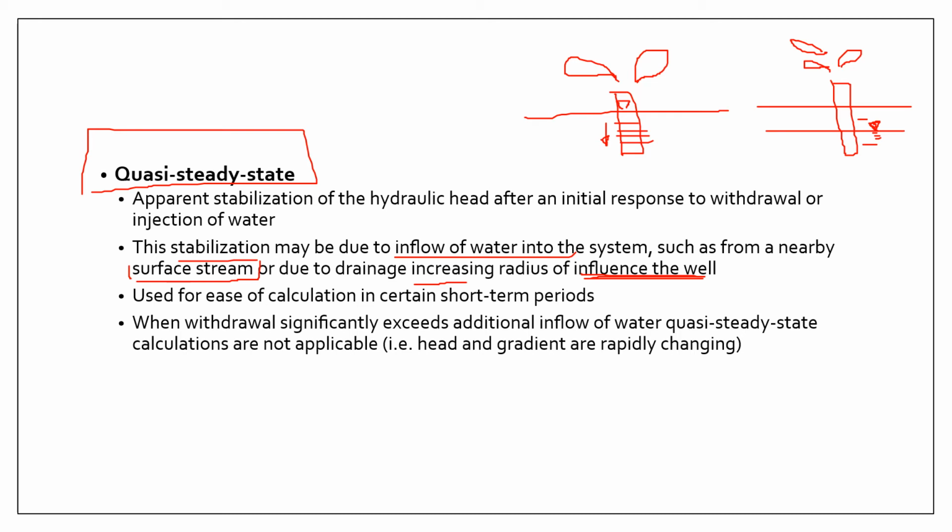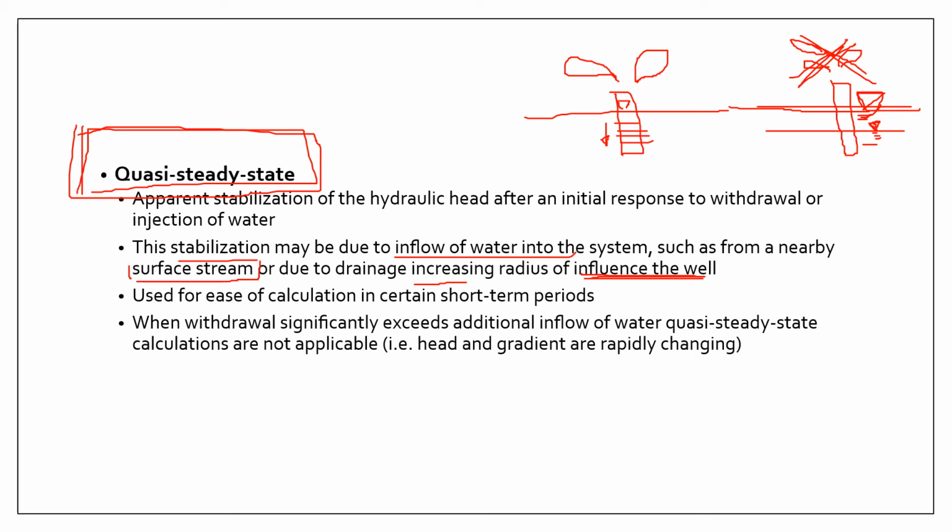So quasi steady state is all about a temporary stabilization of water levels. By temporary, I mean once you stop your pumping of water, this whole thing can change again. Or probably after a long period of time, the water table can slightly go back to its normal levels, and so on.